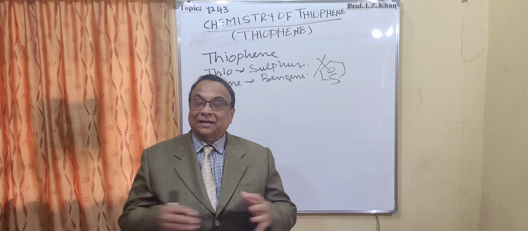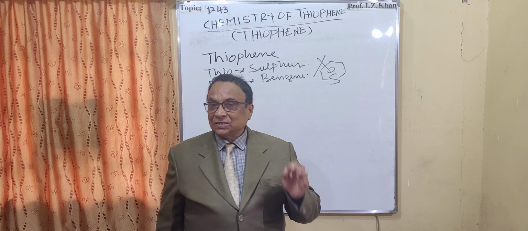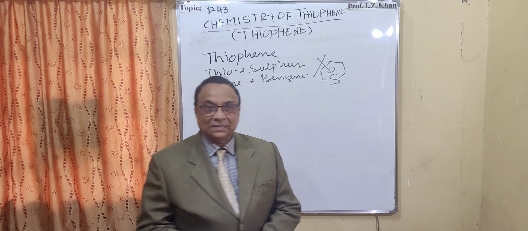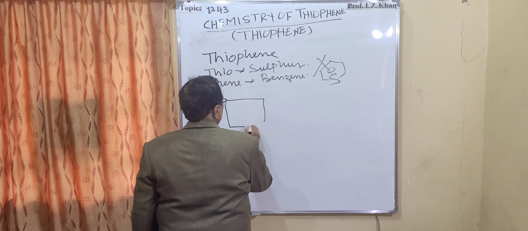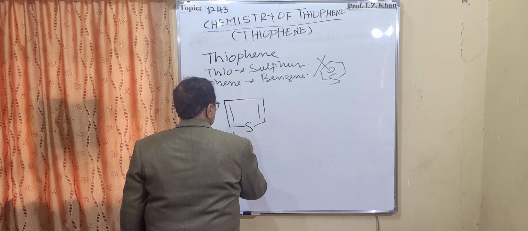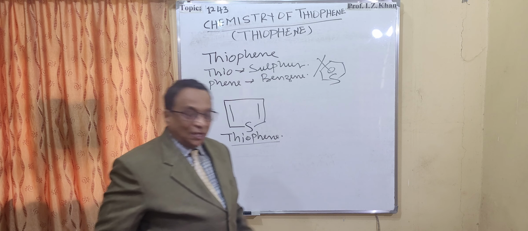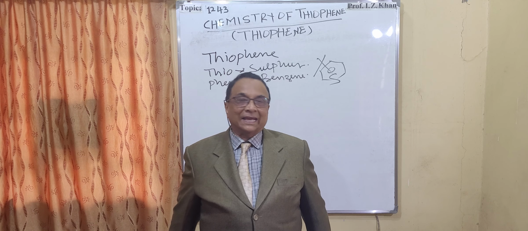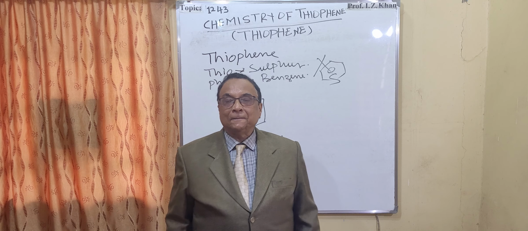Of course it is close but not the same. So it gave the clue that this sulfur-containing aromatic compound is not six-membered, rather it is five-membered. So the five-membered concept of sulfur came, and it is thiophene.